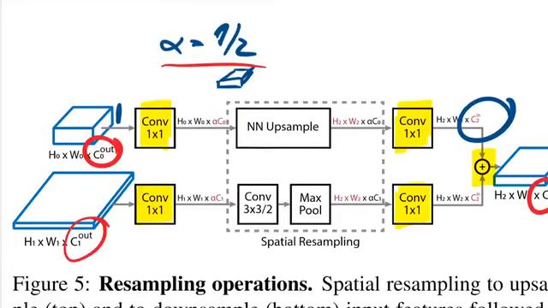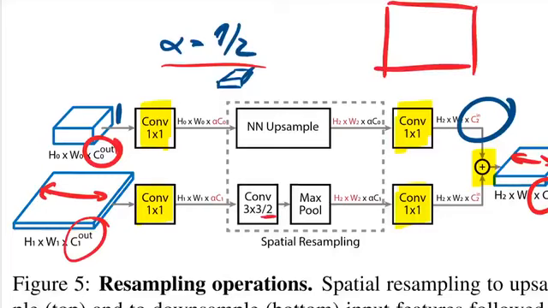Okay. So there's two situations. First situation, your current resolution here is higher than the target resolution. In that case, we can simply do a convolution with a bigger stride than 1, right? If you have an image and you do a convolution, usually you have this overlapping convolution such that the result is the same size as you started with.